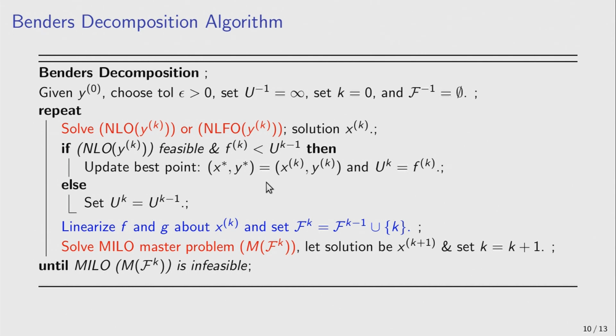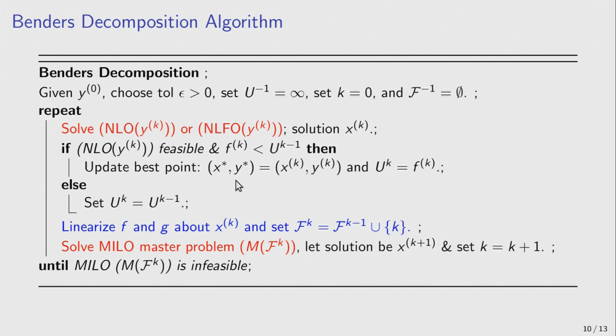This is your new best solution because it's lower than the upper bound, which is the lowest value of all previous solutions. Otherwise, you just leave the bound unchanged. You linearize the objective and constraint functions about the new point. You add this to your collection of cuts in the master problem, and you solve the master problem. And you just keep going round in this loop until the master problem is infeasible.